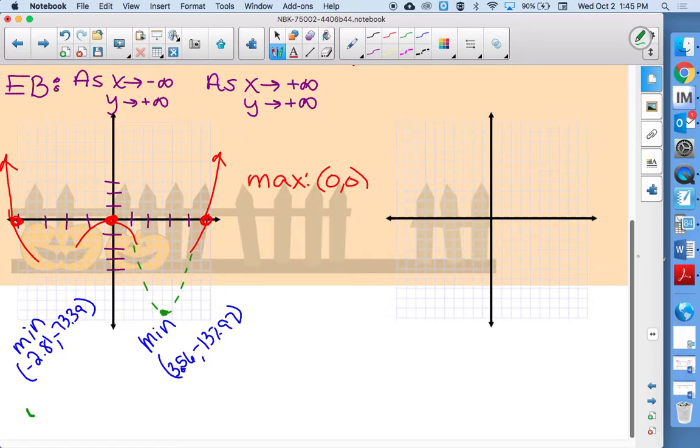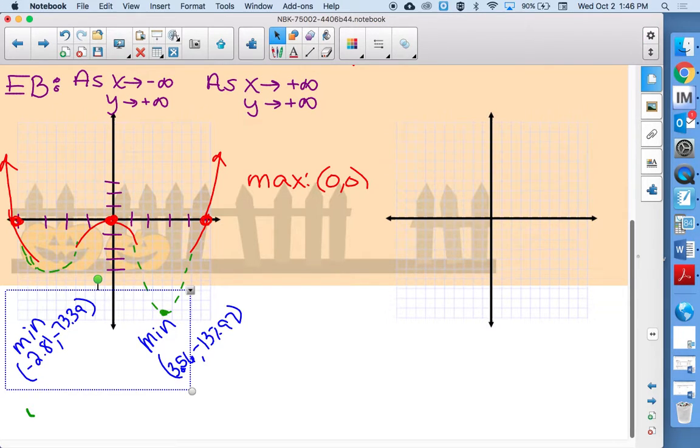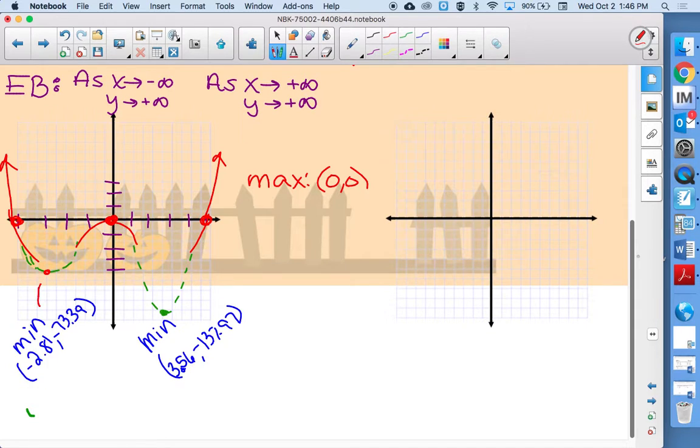The other one better not go down as far, so it still should look similar to what you see in your calculator screen. So make sure that the one on the left doesn't go down as far as the one on the right. And that minimum is negative 2.81 and negative 73.39. My x value should be pretty close, but the y value we can't go down.